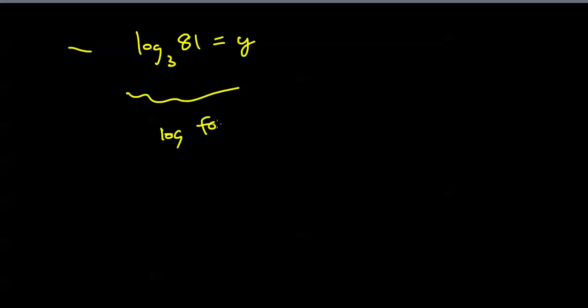Alright. Let's try another one here. Let's say the log of 81 base 3 equals y, and I ask us to solve for y. Well, this equation is in logarithmic form, right? I think it'll be easier to solve if we convert to exponential form. I think we'll see it pretty easily then.